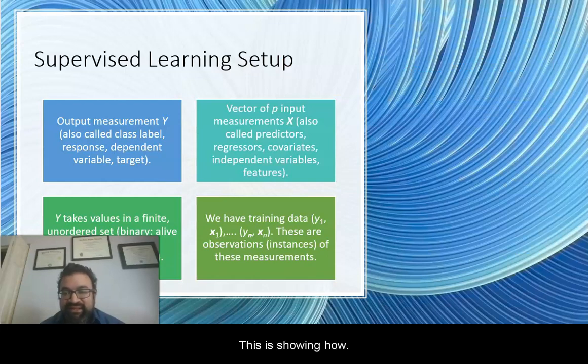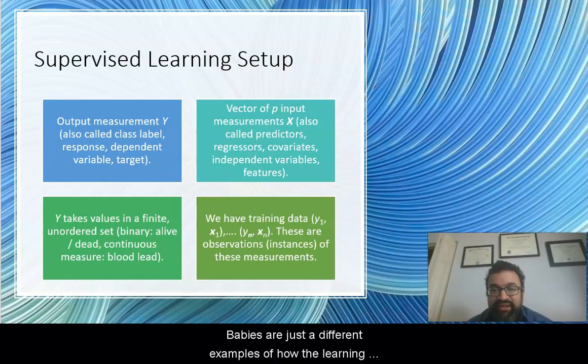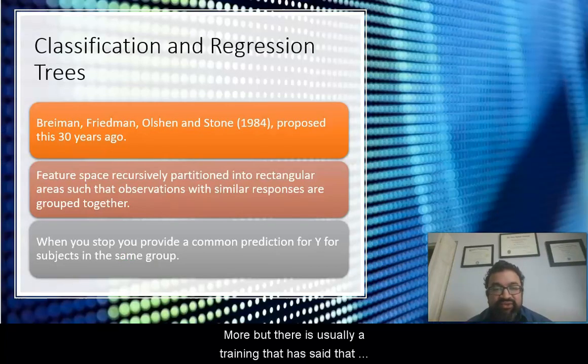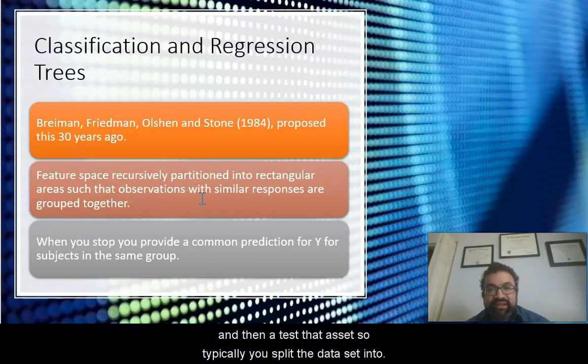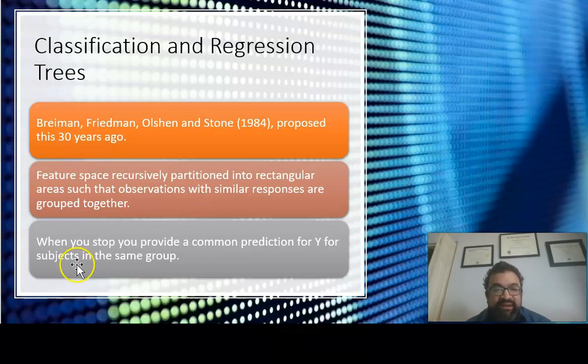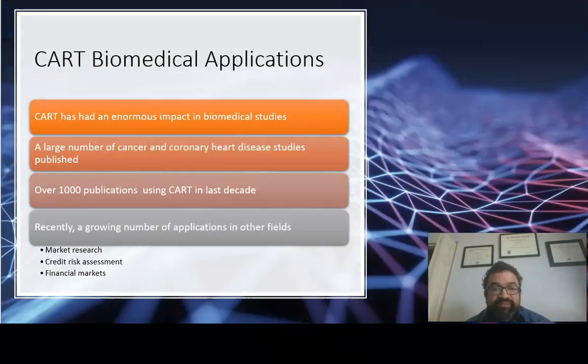This is showing different examples of how the supervised learning setup makes sense. If you want to, you can go over this a little bit more, but there's usually a training data set and then a test data set. Typically you split the data set, first into training, and then in a separate proportion you test your model.